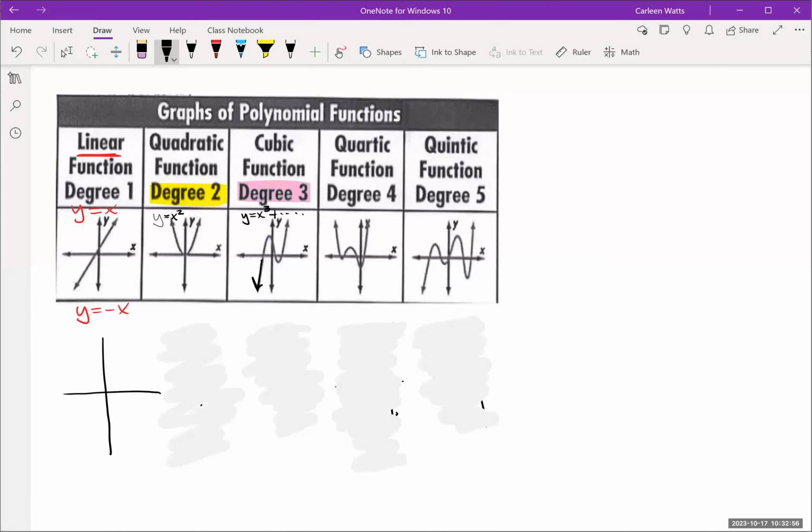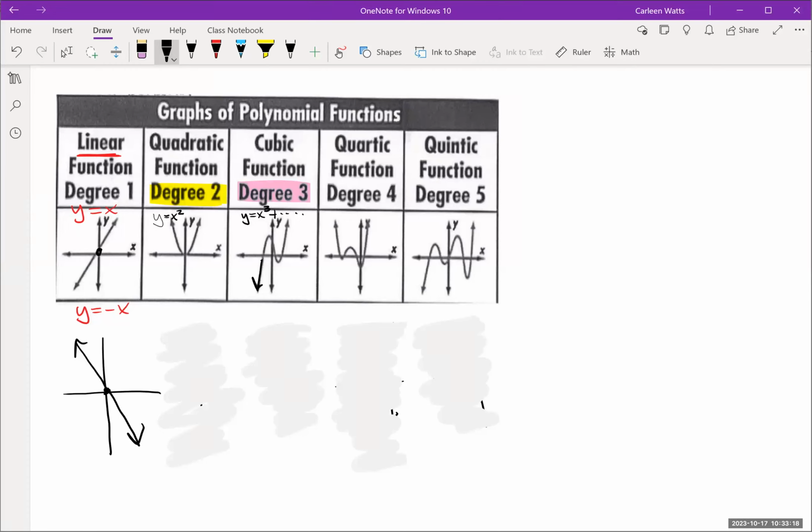It doesn't change the y-intercept. What does it change? The other way. It's going to go down. It still has the same y-intercept, but it's going to flip it.